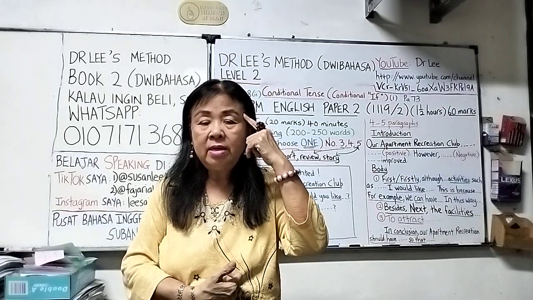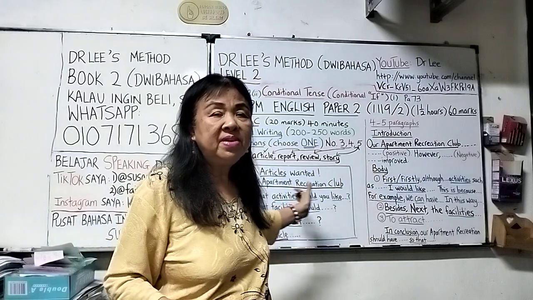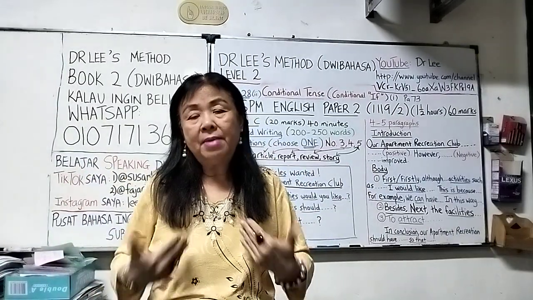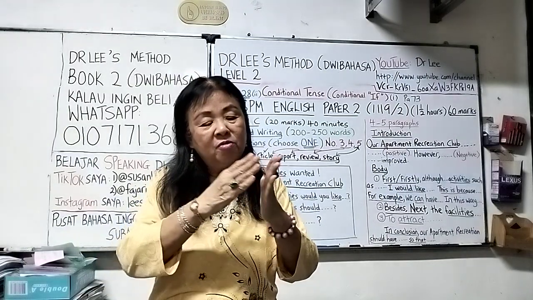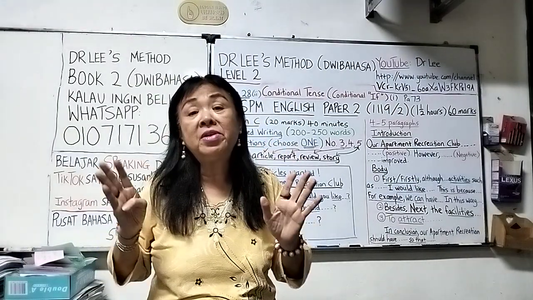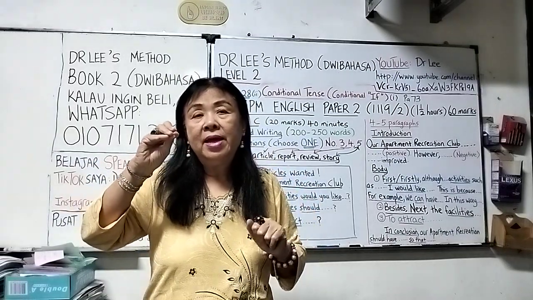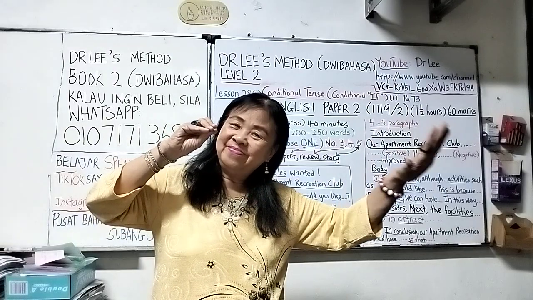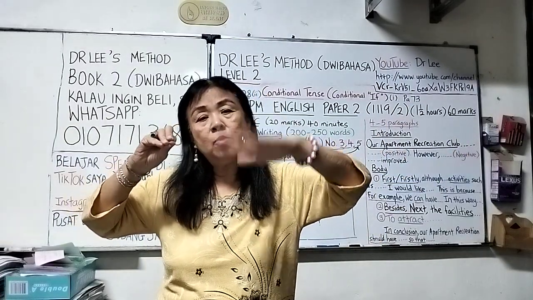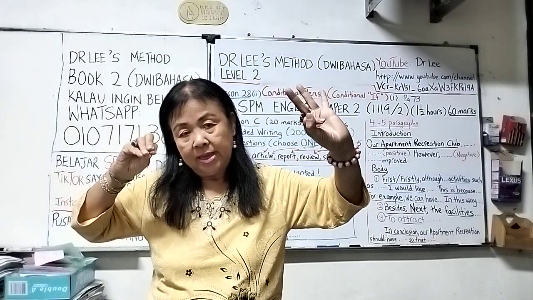Because I think like this. The maximum given here is 250 words. Let us say from the first word that I write until 250 words, I make 5 mistakes, for example. But then I want to continue, so I write 251, 252, 253 until 300 words.